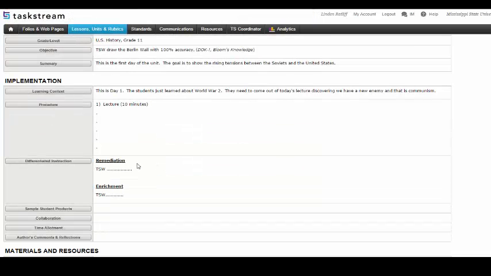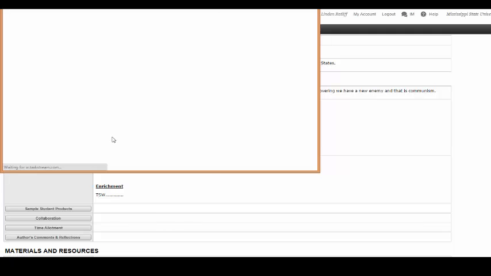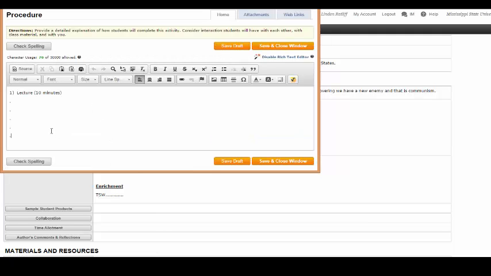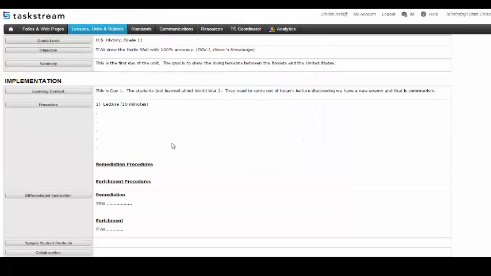There it is. So now under procedure, I would also go here and put for each day. And then you'd plug those in underneath those.